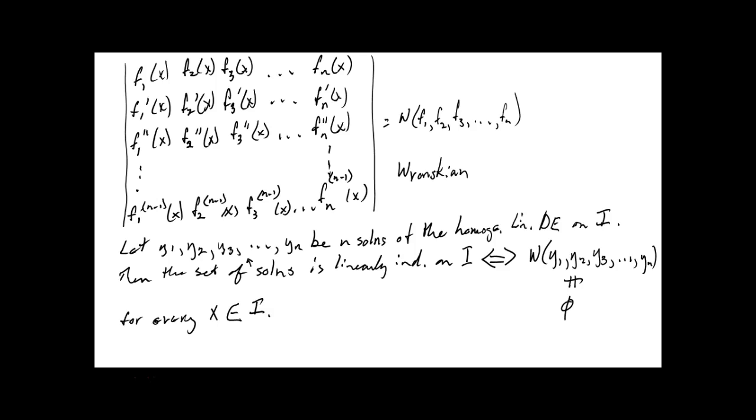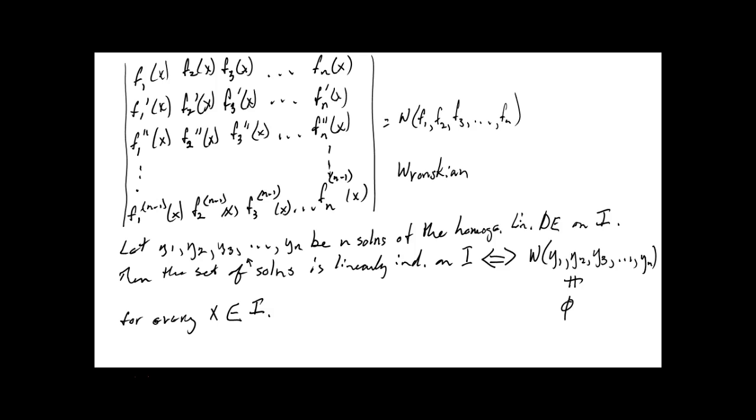Now, this theorem says, when all those, see, why in the world they call them F's up here and Y's here? It doesn't matter. Y1 is F1, Y2 is F2, all that. It follows from this that when all these Y's are solutions of your differential equation on the interval, the Wronskian is either identically 0 or never 0.